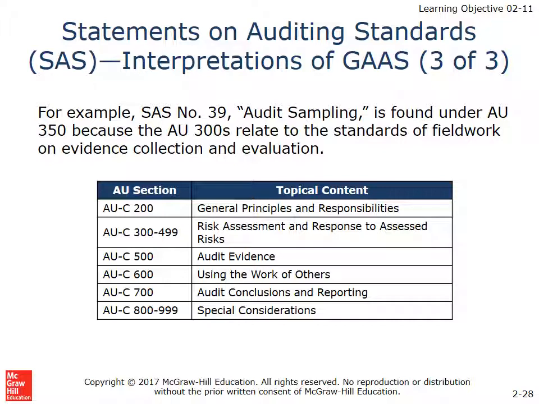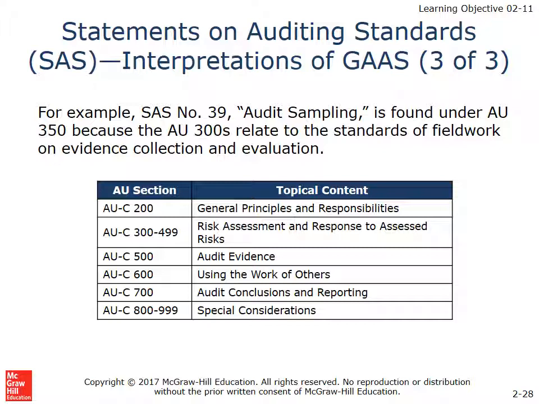So SAS number 39, audit sampling, is found under AU 350 because the AU 300s relate to the standards of fieldwork on evidence collection and evaluation. So there's your general principles and responsibilities, which are the AU 200s. Audit evidence is AU 500. The 300s and 400s are risk assessment and response to assessed risk.